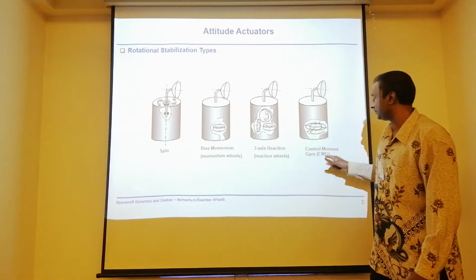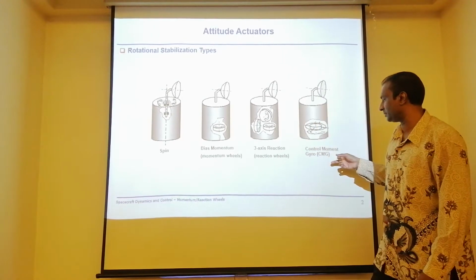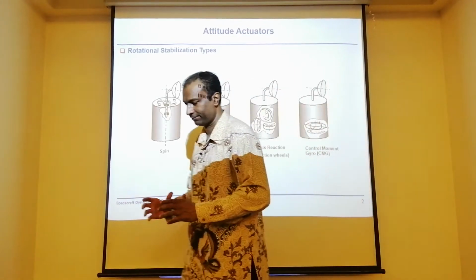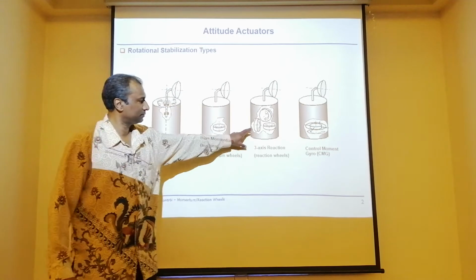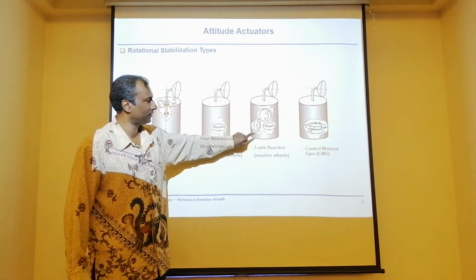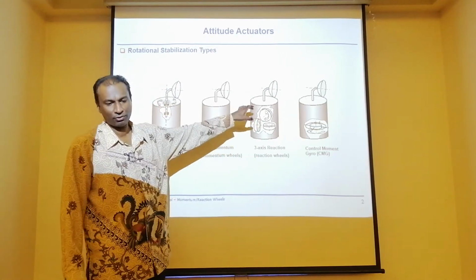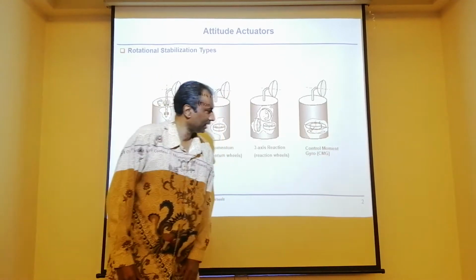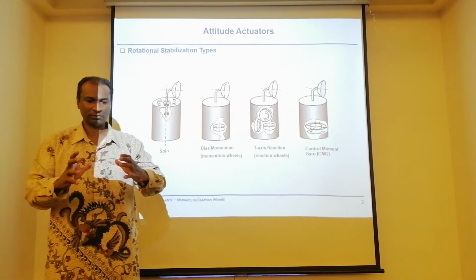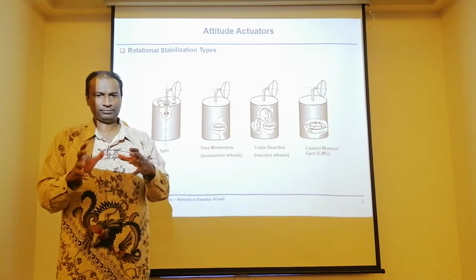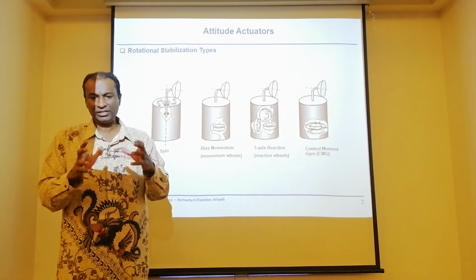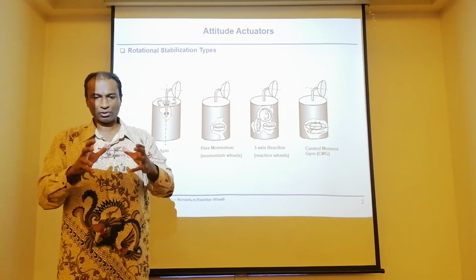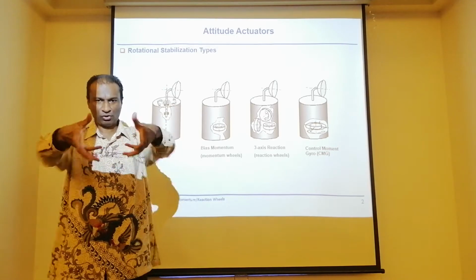Okay? Another wheel type is control moment gyro. Now, this reaction wheel is fixed, that means fixed in roll, yaw, and pitch. For control moment gyro, let's say I have a wheel spinning, but I don't install this wheel in roll, and I don't install it in yaw.